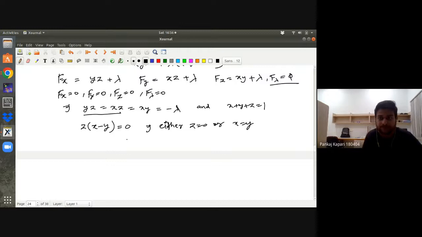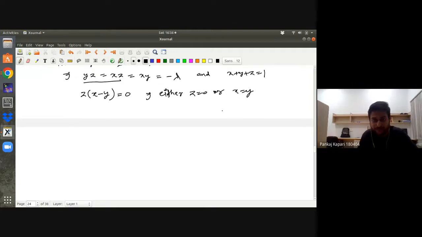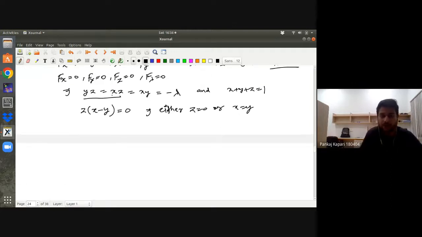Okay, next consider the second equality. It says that xz is equal to x times y. So take x common, we will get x(z minus y) is equal to 0. So this will imply either x is 0 or z is equal to y.